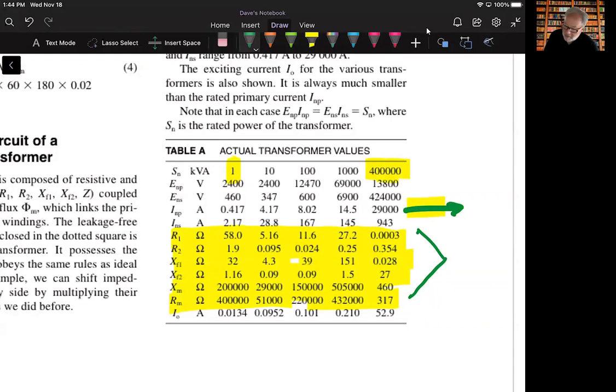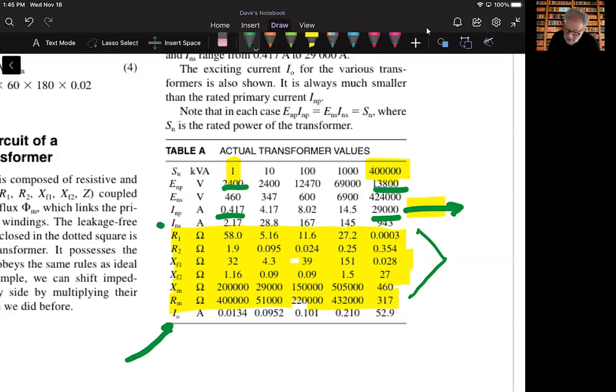We've got nominal voltages, the voltages these devices can be connected to, and we see the primary and secondary currents range from 0.417 amps all the way to 29,000 amps. The excitation current is given here. The I sub O for the various transformers is always much smaller than the rated current.